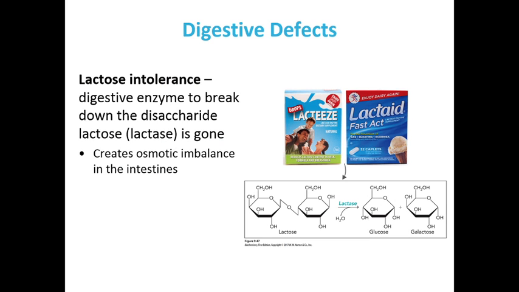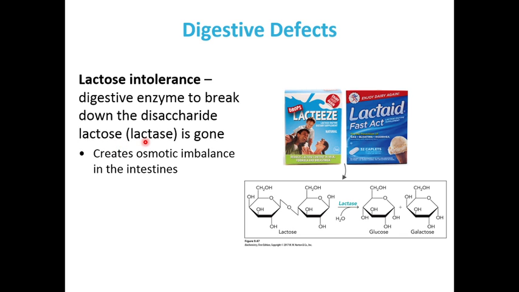The first digestive defect is lactose intolerance. This is common among adults of most human populations except those originating in Northern Europe and some parts of Africa. This digestive defect results from the lack of the digestive enzyme lactase to break down the disaccharide lactose.